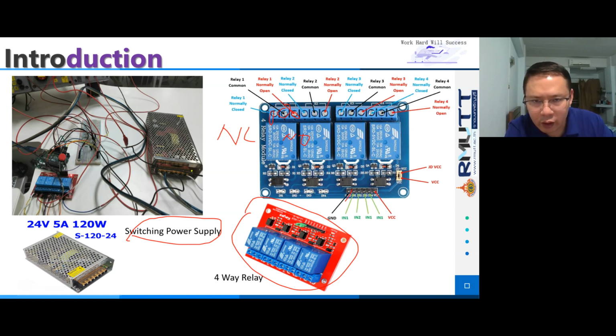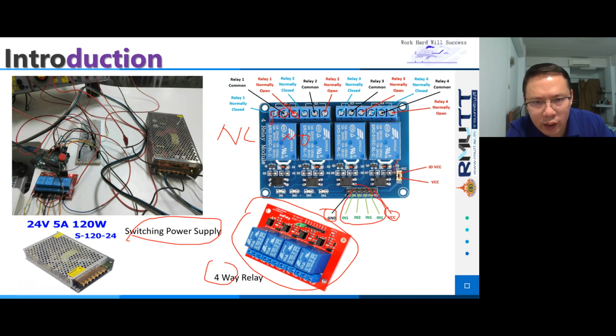And here we have 4 pins: in 1, in 2, in 3, in 4. Because this relay is 4-way, we can connect in 1, in 2, in 3, in 4 to 4 pins of the Arduino. And this is the VCC power pin, and this is the ground pin.